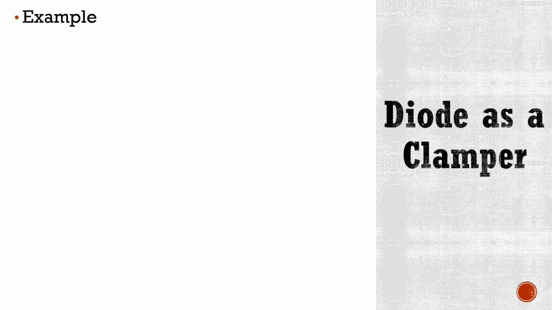Now we will look at an example of negative clamper with negative bias voltage.